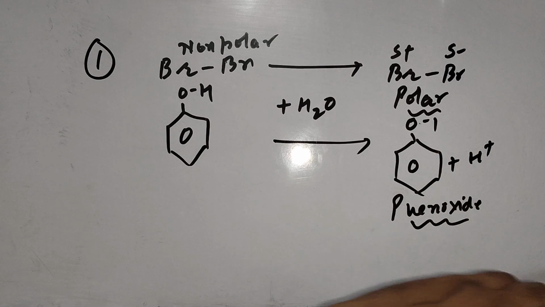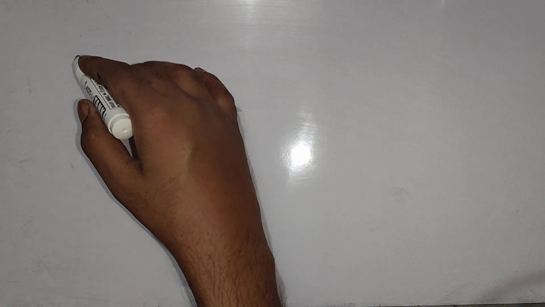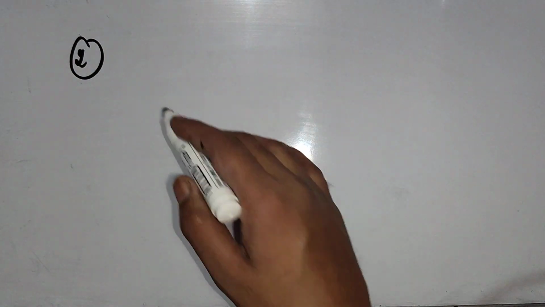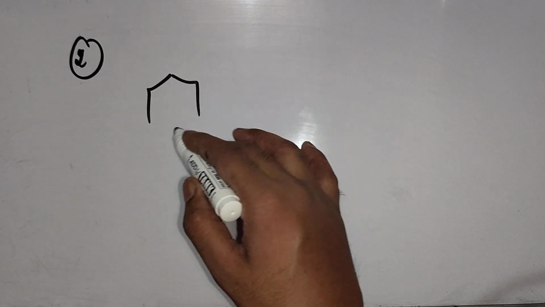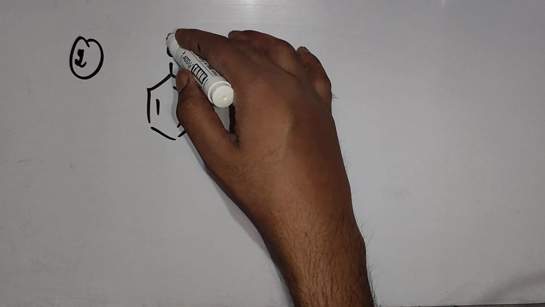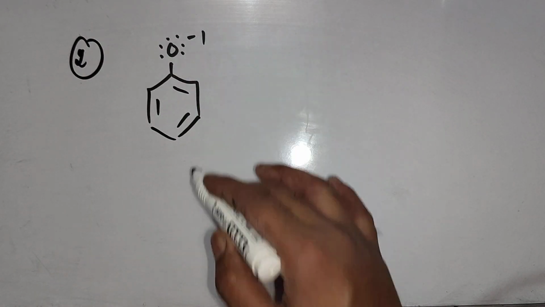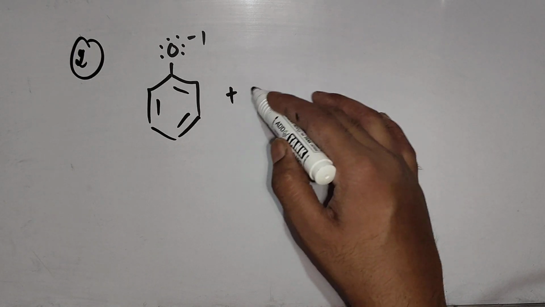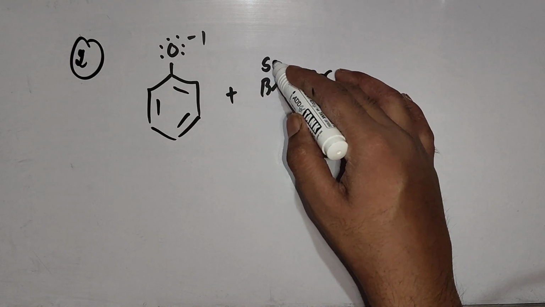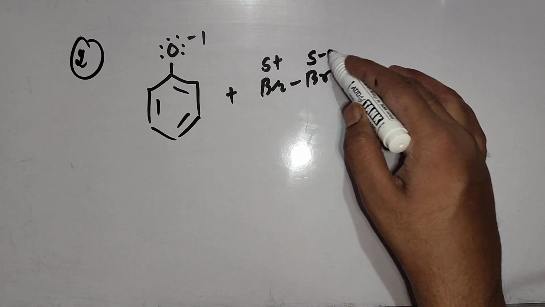Now, second step. The role of water is over now. Let's see what the reacting particles are doing. This is phenoxide ion and this is polarized bromine molecule.